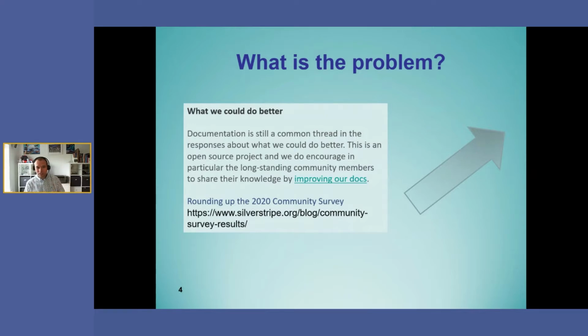So probably the audience here are the Silverstripe lovers, the ones that thoroughly enjoy working with Silverstripe and have a lot of knowledge about it. Certainly I've joined some of the Slack channels, and there are a lot of people who are really happy to share their knowledge. So it's how do we capture that knowledge and put it in the documentation for everybody, the new people in particular.